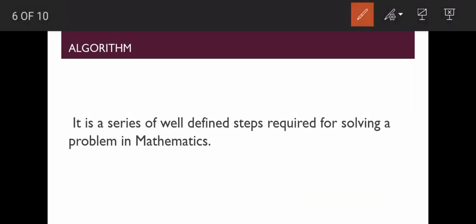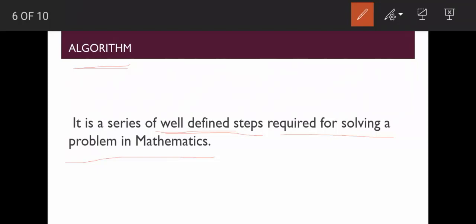Now let us check what the term algorithm means. It is actually a series of well-defined steps required for solving a problem in mathematics. Suppose in different exercises of the mathematics textbook, we often get lots of questions, lots of problems. There are different methods for solving each and every problem.